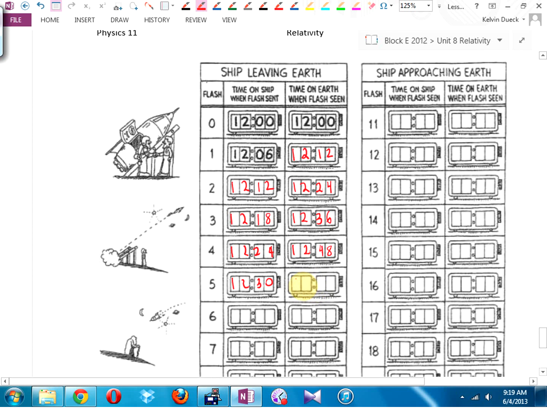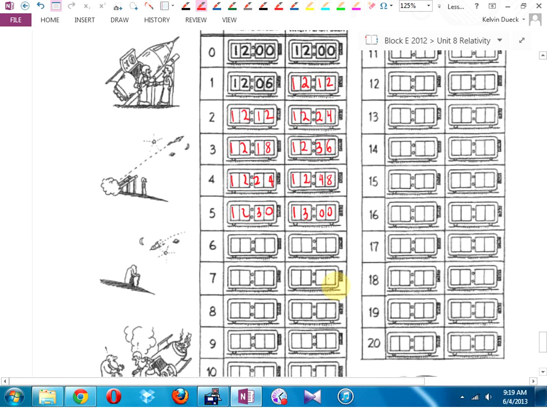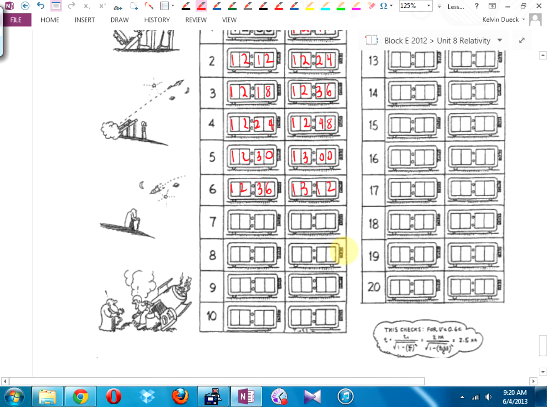Let's make the math easier. Let's go military time. Let's call it 1300 hours, which is 1 p.m. 6 minutes later, 12 minutes later, right? 6 minutes later, 12 minutes later.